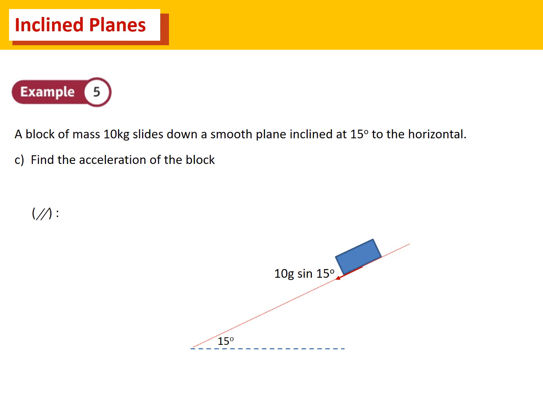It is that force that is producing the acceleration. So using force equals mass times acceleration, 10g sine 15 equals 10, which is the mass, times the acceleration. Dividing both sides by 10 gives me an acceleration of 2.54 meters per second squared.